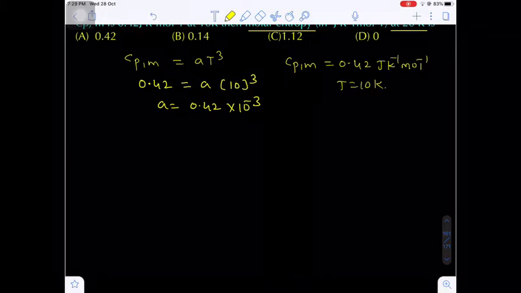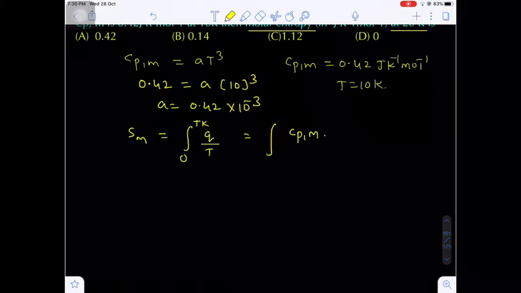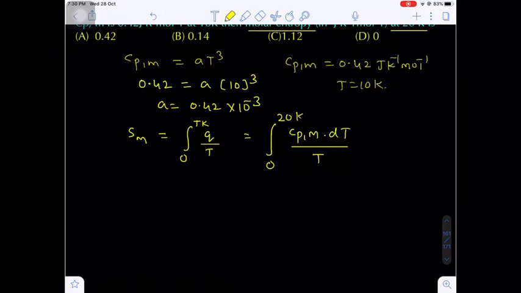Now we know the molar entropy is the entropy corresponding to 1 mole of a substance. Integral Q by T, with limits 0 to T Kelvin. The molar entropy is equal to integral, instead of Q, I am writing the molar heat capacity at constant pressure multiplied by dT, whole divided by T, with limits 0 Kelvin to 20 Kelvin.